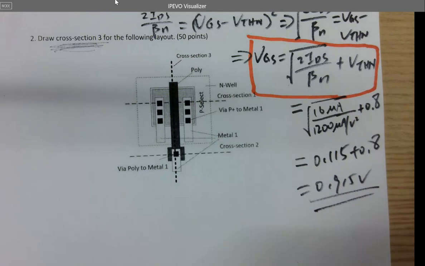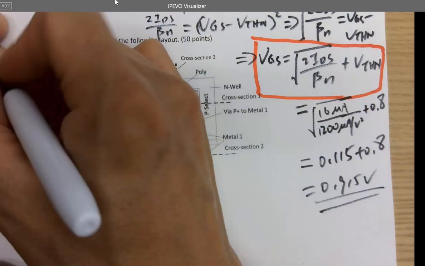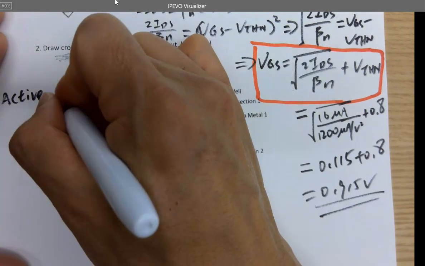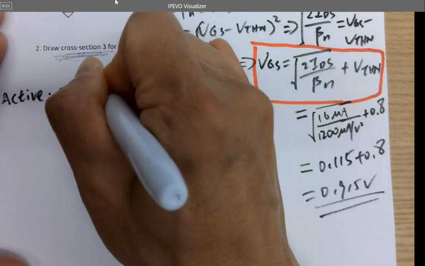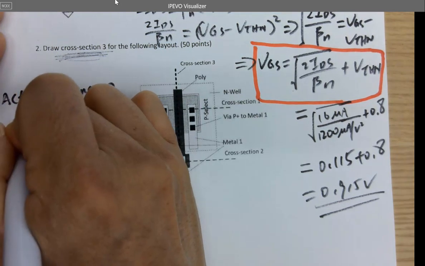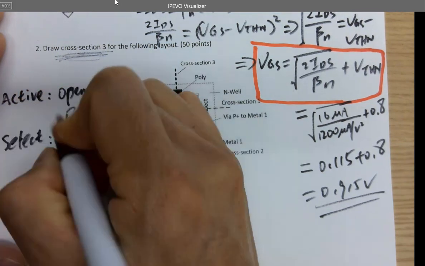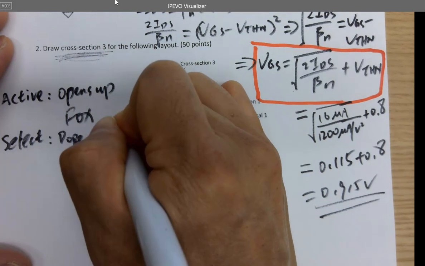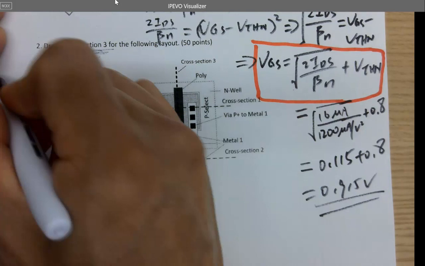So P select, let's write it down here. So active. So P act opens up the active region. So select dopes N plus or P plus. Remember this, okay?